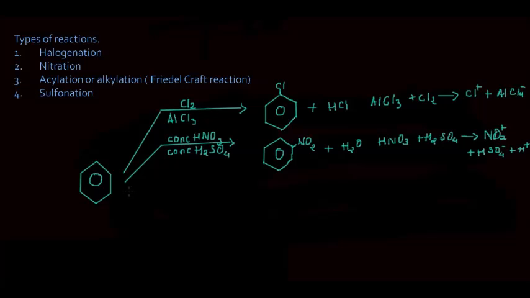Our next reaction is alkylation. As the name suggests, we are adding an alkyl group to the benzene. So suppose we want to add a methyl group, that is CH3, then our reagent is chloromethane. And the catalyst we need here is aluminium chloride. So when this reacts along with the catalyst aluminium chloride, we get methyl benzene.